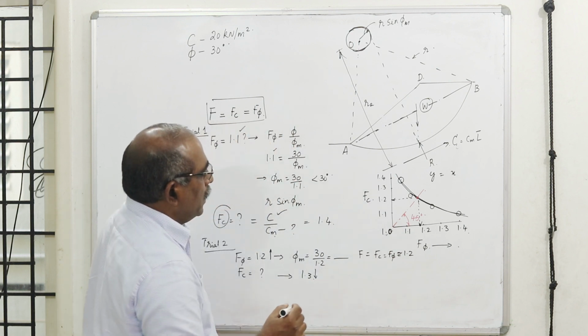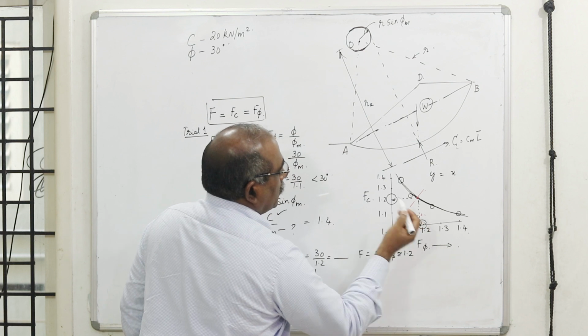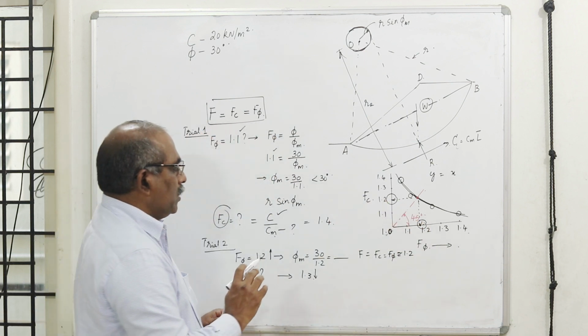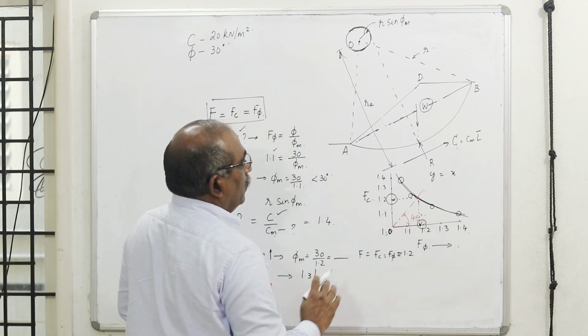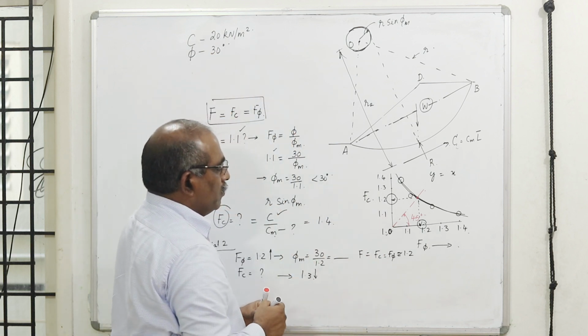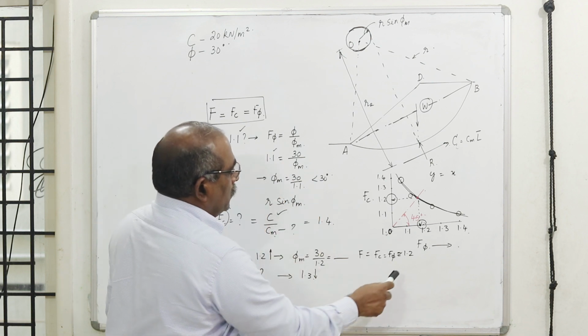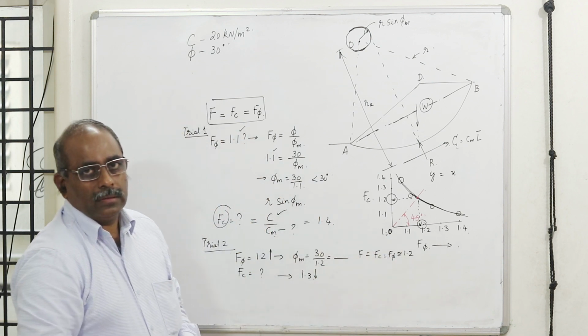This value and this value will be the same. That is the factor of safety for this given geometry. For the given properties of C and φ, I have got a factor of safety where both friction and cohesion are equally mobilized.